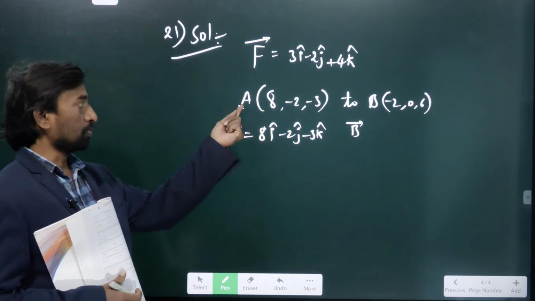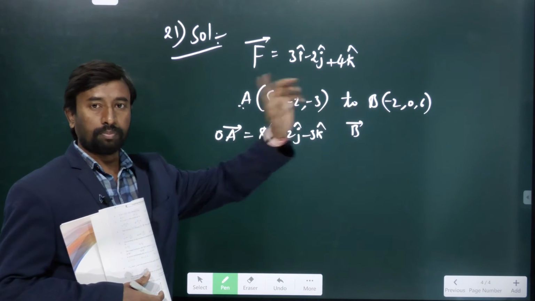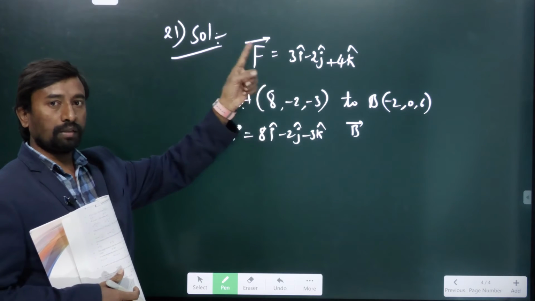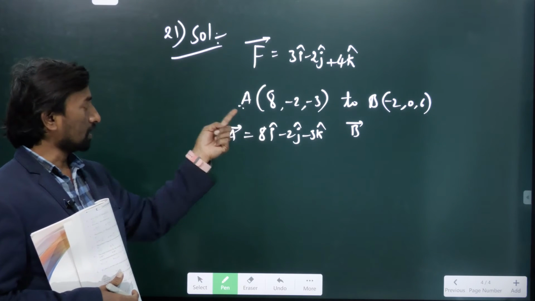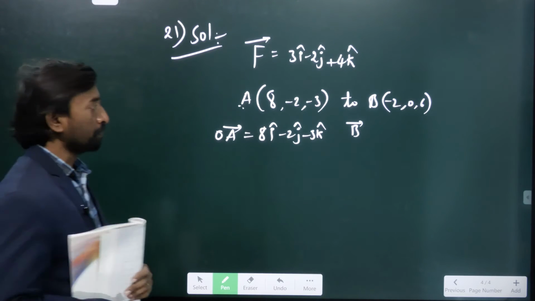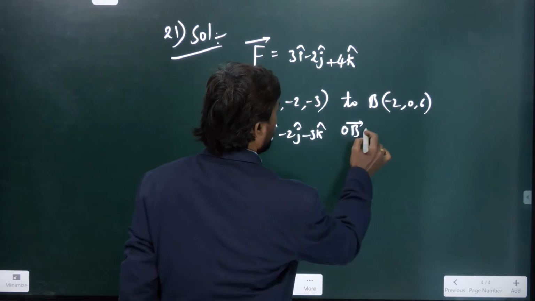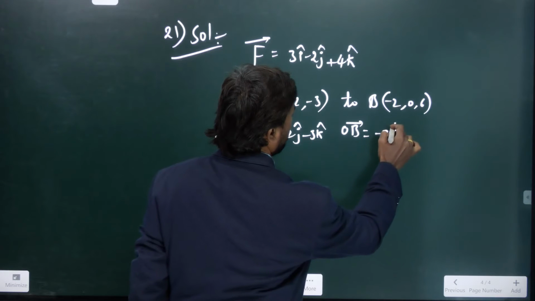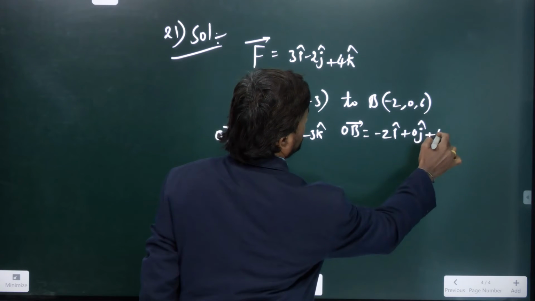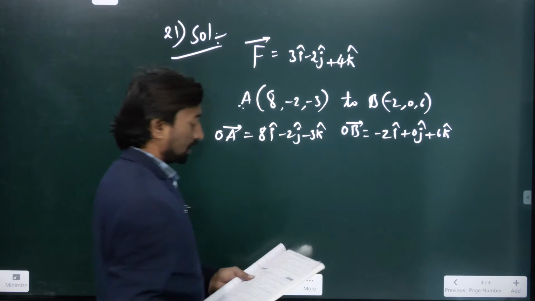If point A is in the XYZ plane, it can be written as OA bar, the position vector. And OB bar equals minus 2 i cap plus 0 j cap plus 6 k cap.